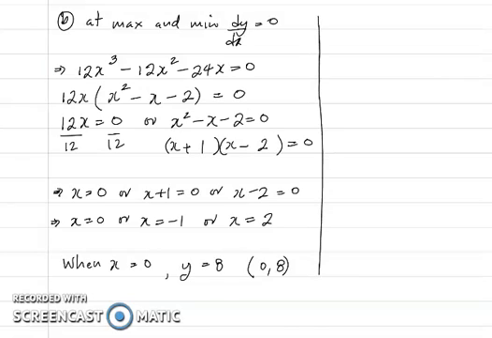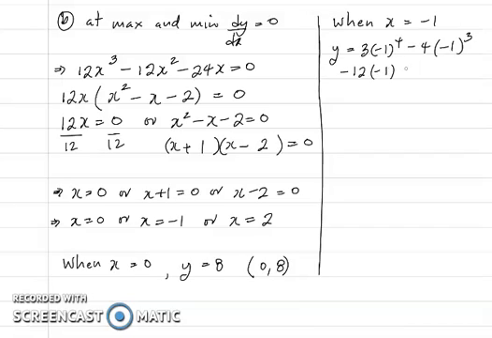I could say also when x is equal to minus 1, y would be equal to 3 times minus 1 to the fourth power minus 4 times minus 1 to the third power minus 12 times minus 1 squared, and of course plus 8.